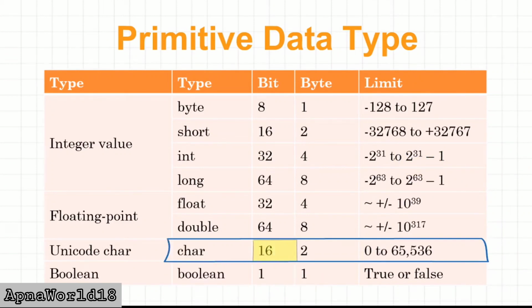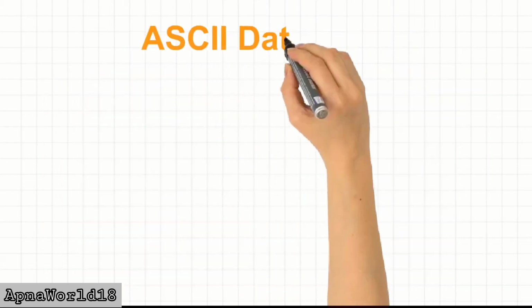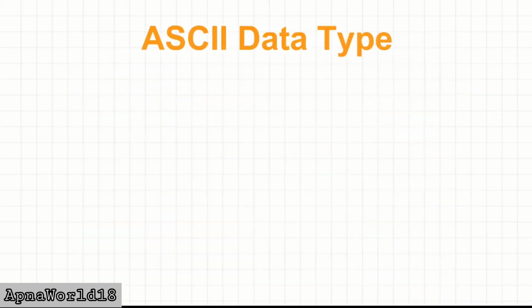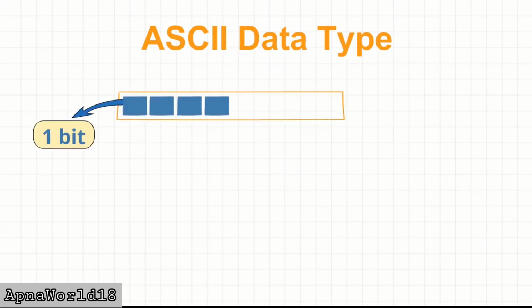Next is the character data type. It has 16 bits or 2 bytes of storage space and can store one character in Unicode. Here let me take a moment to explain ASCII and Unicode. Initially only 1 byte was used to store character data.